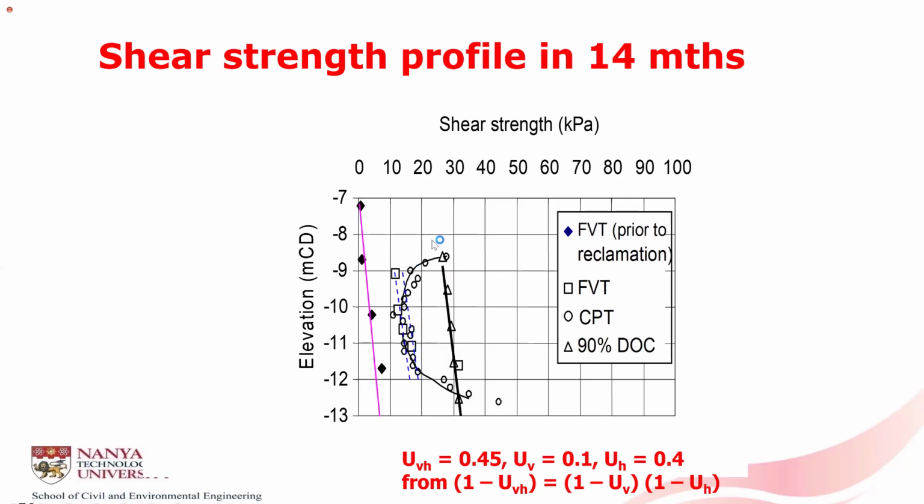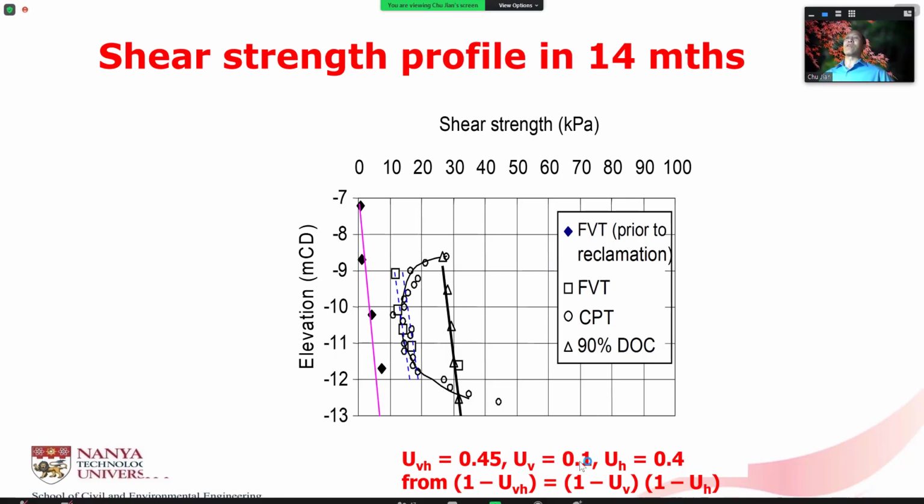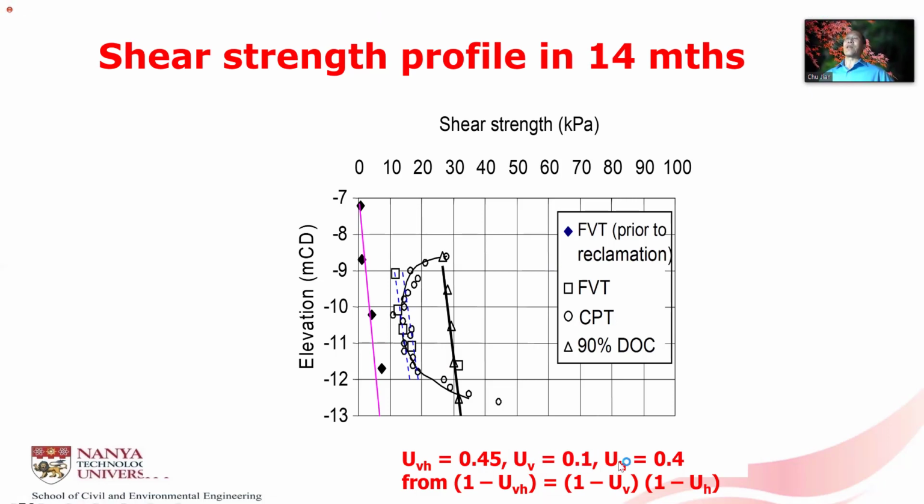So this is the current undrained shear strength profile, and using the areas in between in the same way as for pore pressure, we will be able to estimate, okay, the overall degree of consolidation to be somewhere of 45%. By knowing the vertical degree of consolidation is 10%, we can calculate the degree of consolidation due to horizontal or radial drainage is 40%.